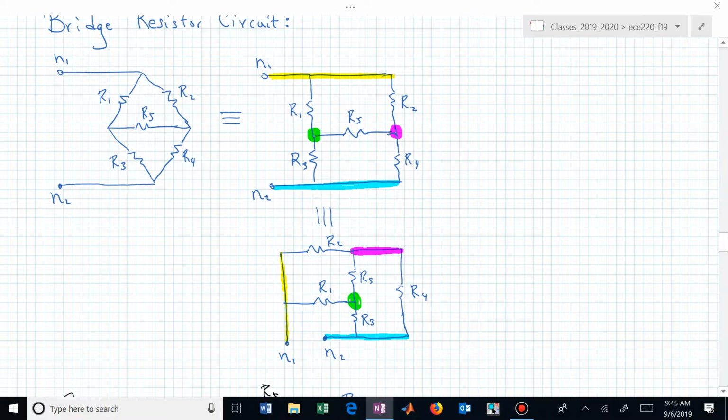But you may initially have a problem that is provided to you that looks like that lower diagram. And now you can warp that around to be equivalent to what's up above. And I could put a voltage source or a current source between N1 and N2 in either diagram, and you now know how that's going to be interconnected to the circuit that you want.